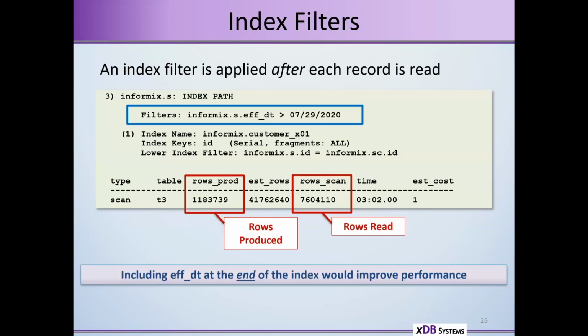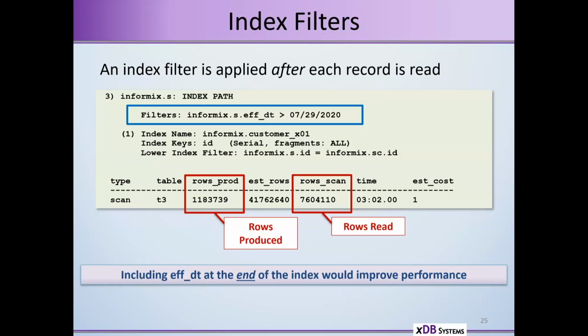This is the kind of thing we look at and make a determination. We should try adding effective date to the end of the index. That way, we only read the rows that we need, and we don't have this additional filter just discarding rows. So this is going to result in fewer reads and therefore be faster.